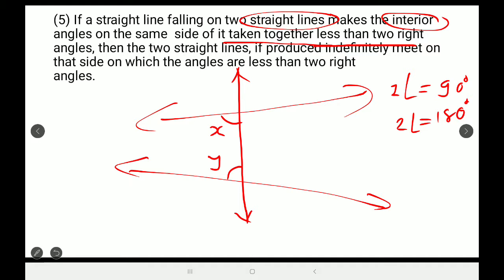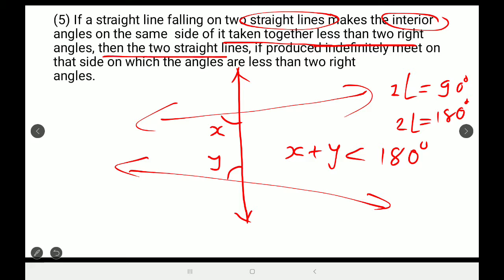Clear? So this statement indicates that if you add these two interior angles on one side, the sum of these angles is less than two right angles, meaning 180 degrees.